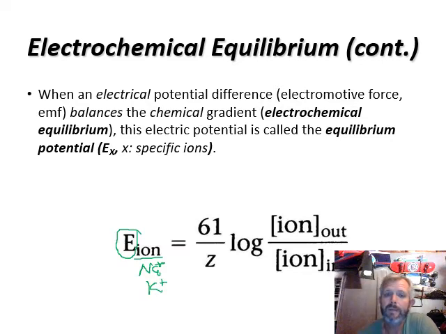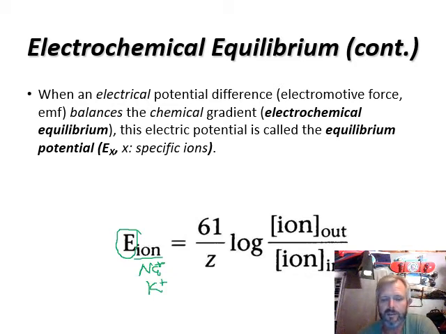What the electrochemical equilibrium is going to tell you is at what membrane potential, from inside compared to outside, at what millivoltage, will the ions stop moving?